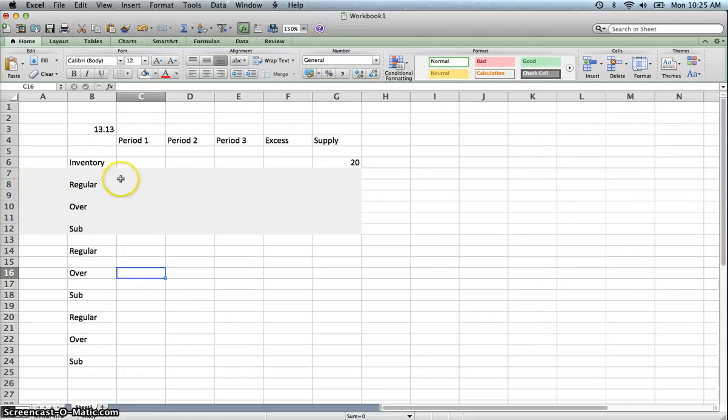Maybe something to that effect. So you have period 1, of course you have to have a production period 1, and so we have regular production, overtime production, and subcontractor, and then there are 2 rows associated with each, and I'll show you why you want that to be the case. And so this would be the production for period 2, once again regular, overtime, and subcontractor, and we give 2 rows for each one of those.